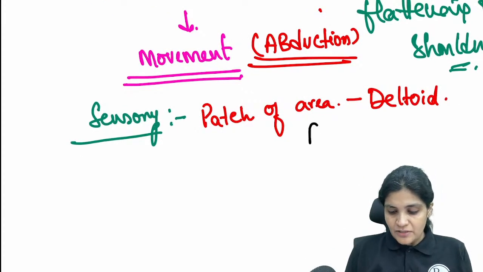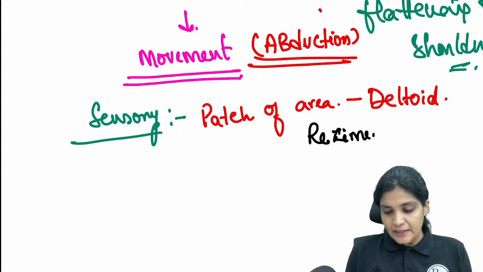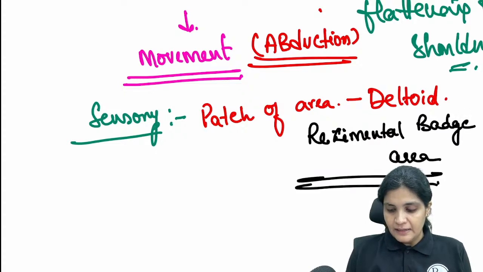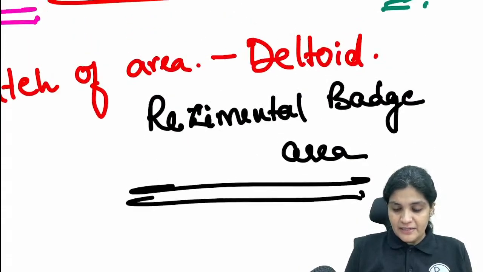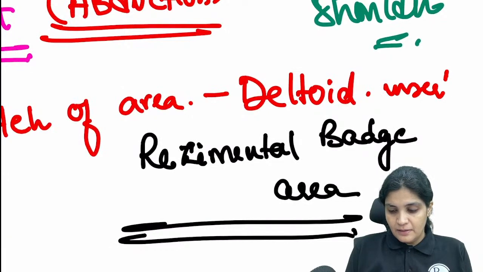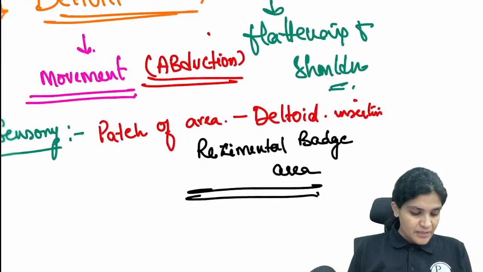This is called your regimental badge area, right? Mainly near the deltoid insertion. So this is the regimental badge area.